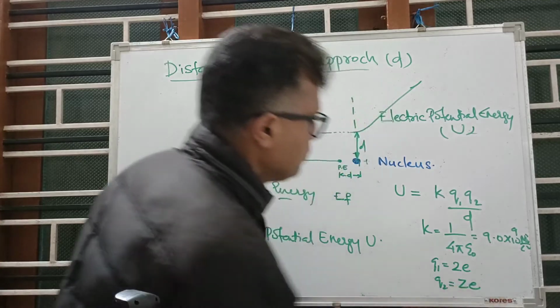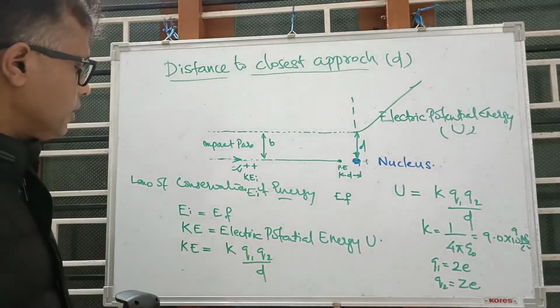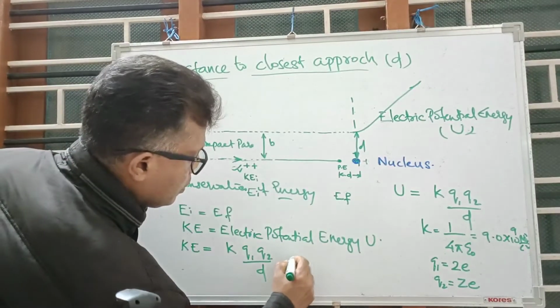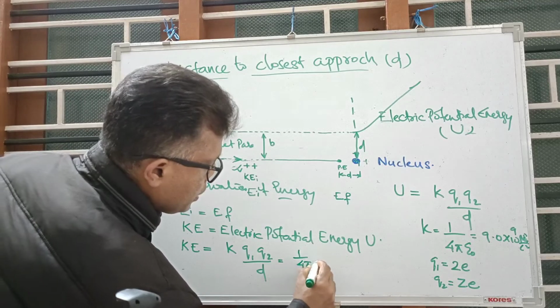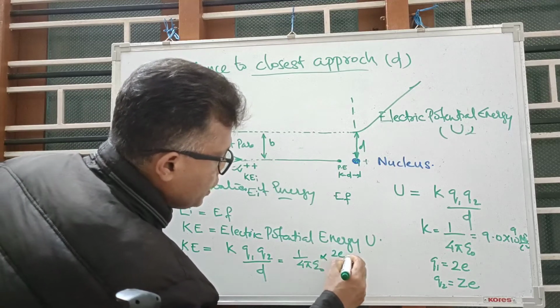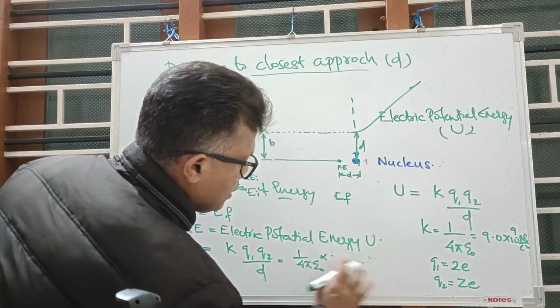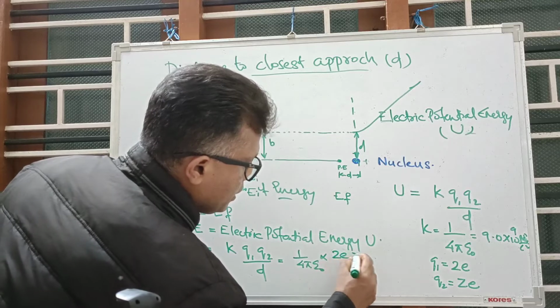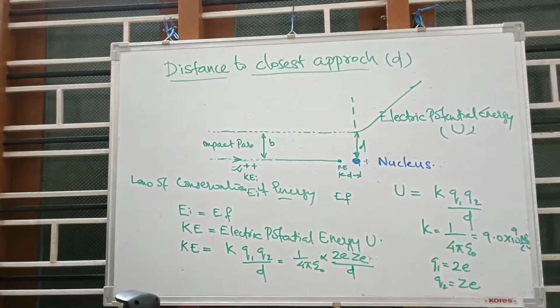Z into E. So all parameters are now there. We'll just put it here. It is equal to 1 by 4 pi epsilon 0 into 2E into ZE into D. Clear now?